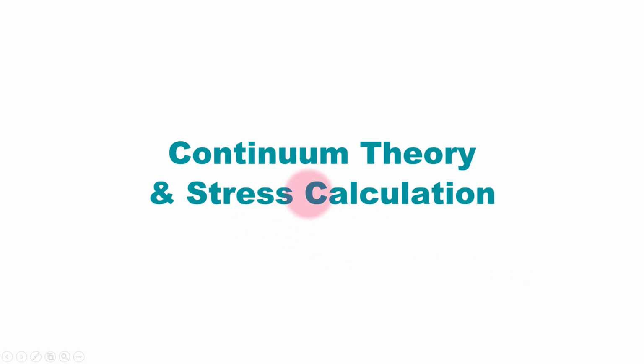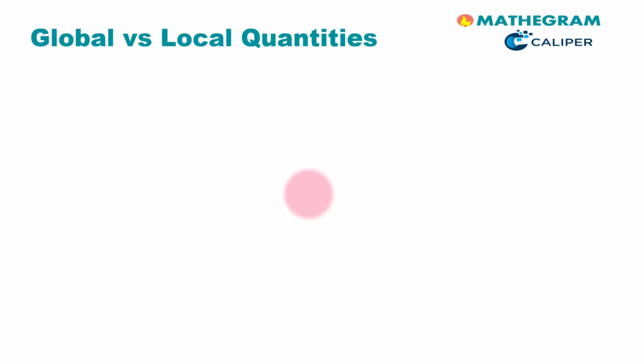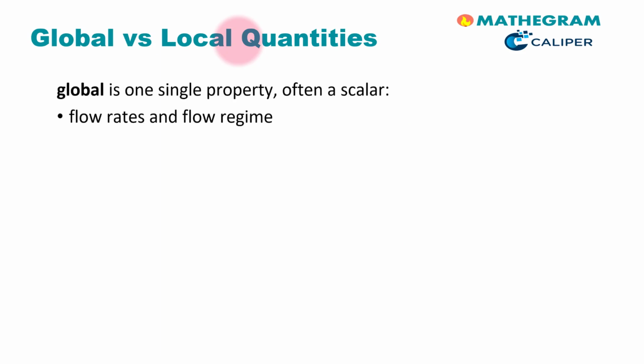We start with the differentiation between global and local quantities or properties. Global refers to a single property in our simulated domain. Often, this is a scalar quantity. Examples are flow rates through a device, for example a mixer, or the flow regime in a silo.